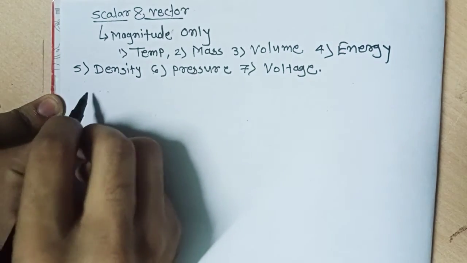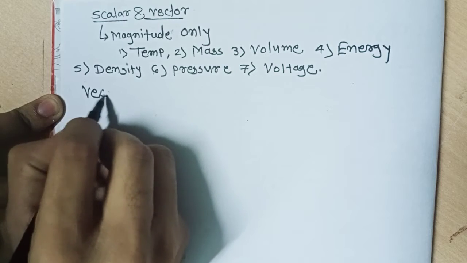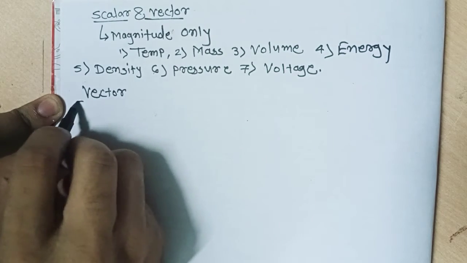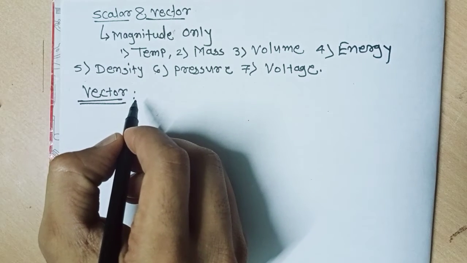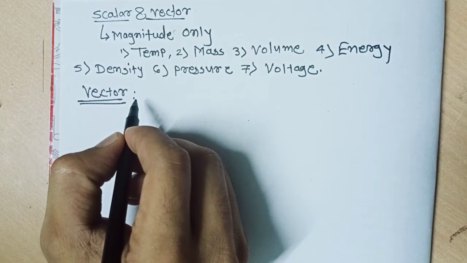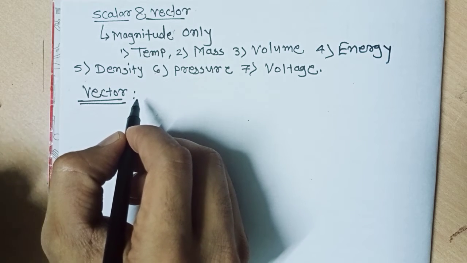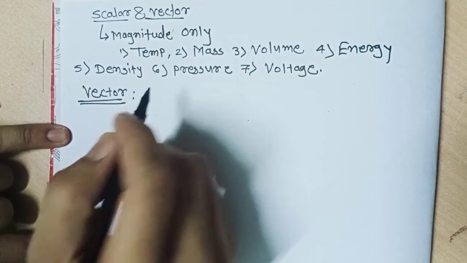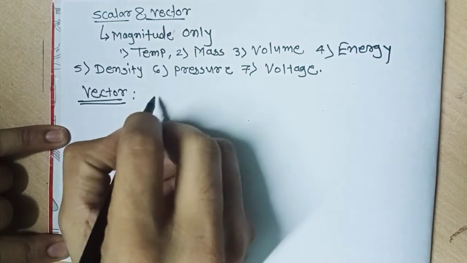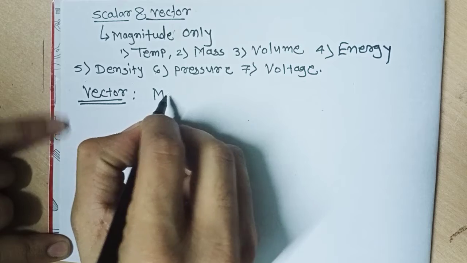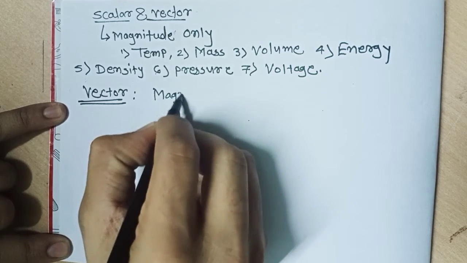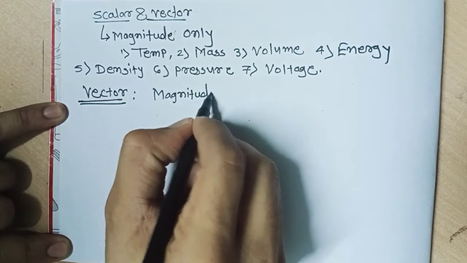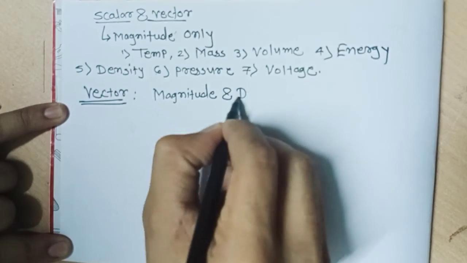So let's move on to the vector. A vector is the quantity which specifies both magnitude as well as direction. So a vector quantity is specified by magnitude and direction.